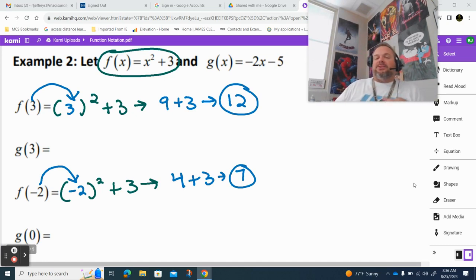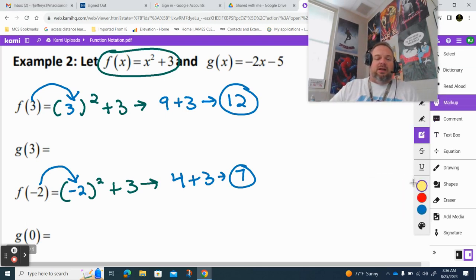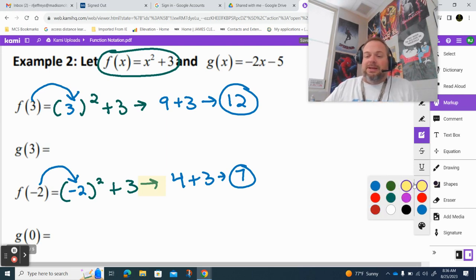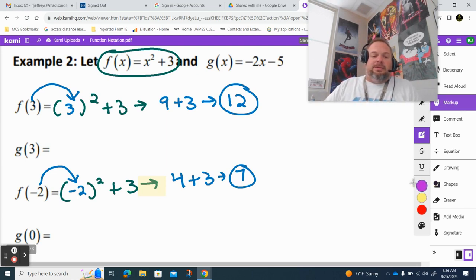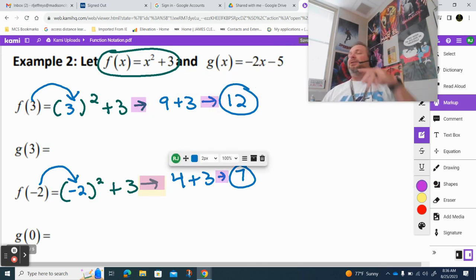So, now, you may notice something that I use a lot. This right here. I use arrows. Arrows actually mean something in math. It actually means the word then.